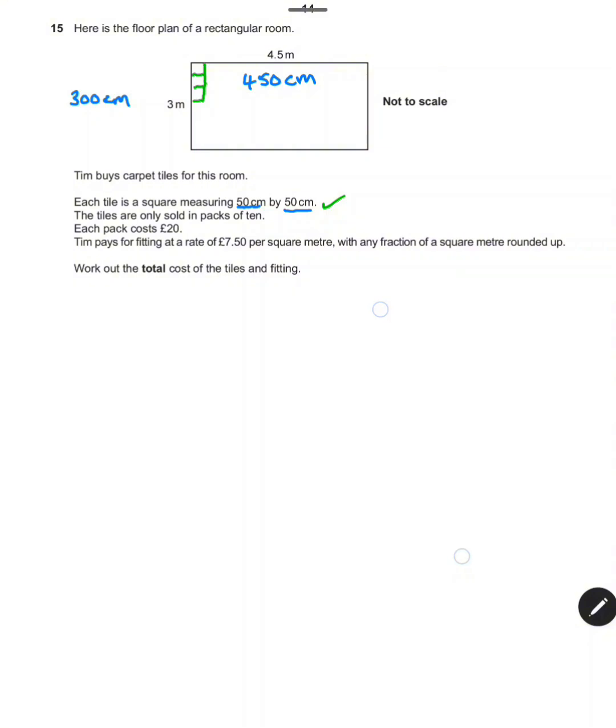And the way to do that mathematically is to say, well, I've got 300 centimetres and I'm going to divide by 50 centimetres. How many 50s go into 300? Well, that's the same as how many 5s go into 30. There will be 6 tiles fit downwards.